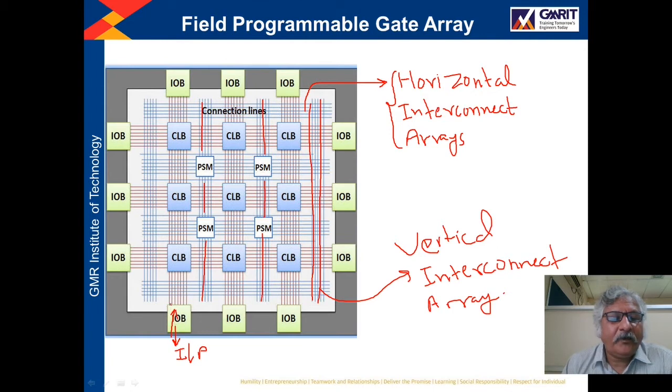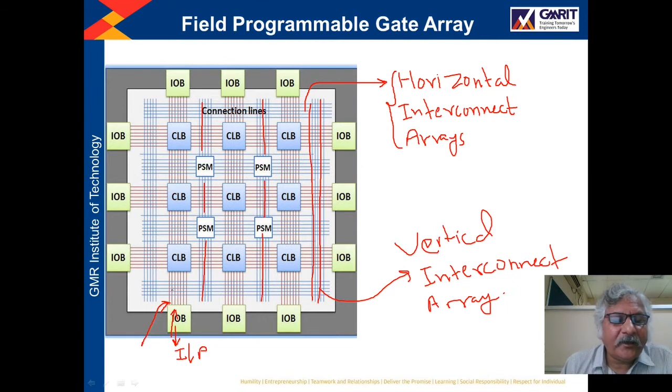Now these inputs can be moved through some vertical wires. You can see these vertical wires. How many are there? 1, 2, 3, 4, 5, 6, 7. Seven vertical wires are there.